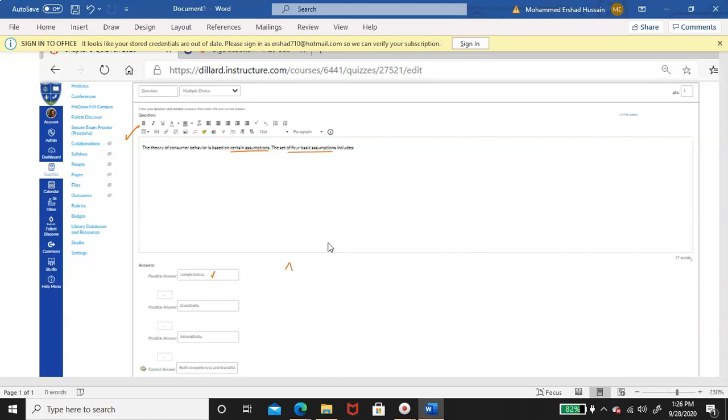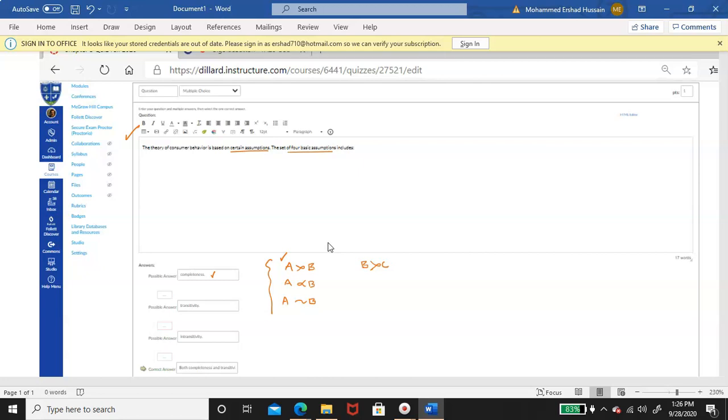If a person prefers commodity bundle A to B and also prefers B to C, or he may prefer B to A, or he may be indifferent between A and B. So all of this is possible. This is completeness, right? The consumer knows what his preference is. He doesn't not know. He knows. That is the first assumption.